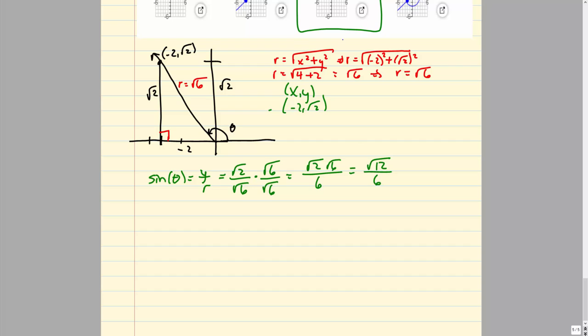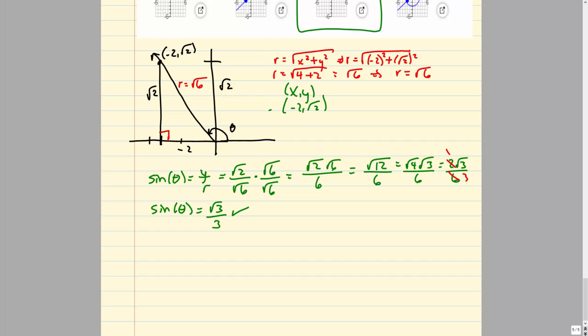Now we can do more to simplify this. Now you're probably familiar with simplifying radicals. If you look at root 12, there's a factor of 12 that's a perfect square. That would be root 4 root 3 over 6. This would be 2 root 3 over 6, and of course the 2 cancels into the 6 3 times. So I am left with finally that the sine of theta is equal to the square root of 3 over 3.